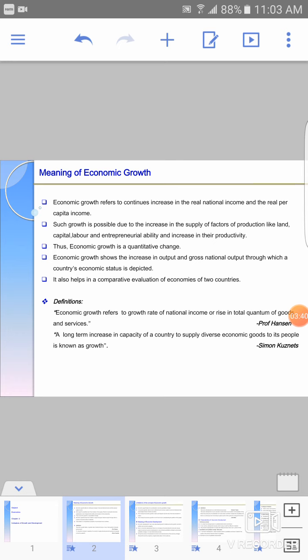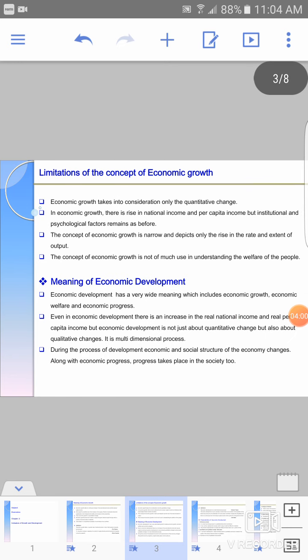Then a long-term increase in capacity of a country to supply diverse economic goods to its people is known as growth. Right, this is also given by Simon Kuznets. Okay, so these are the definition and meaning of economic growth, and now we'll go ahead with the limitation.